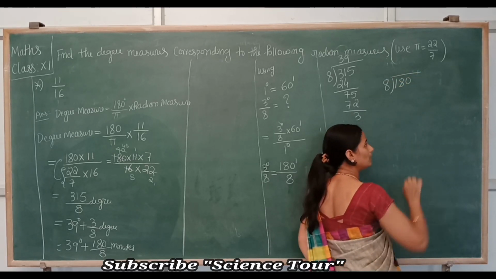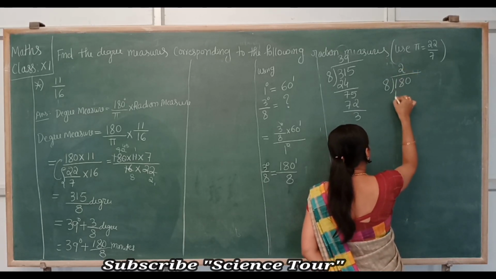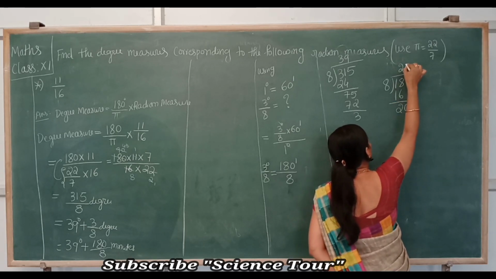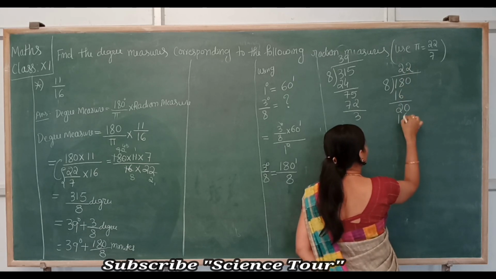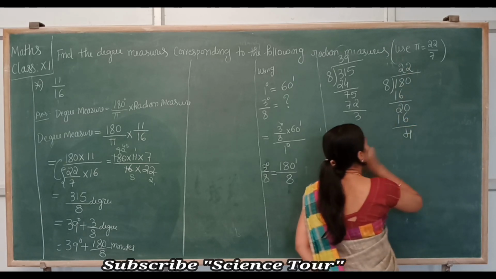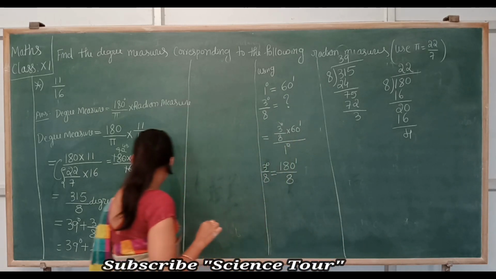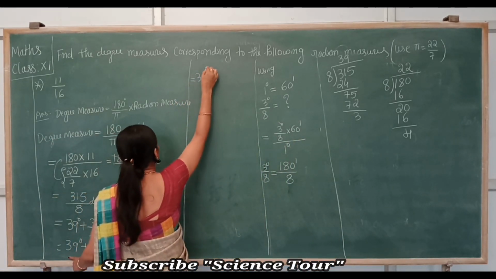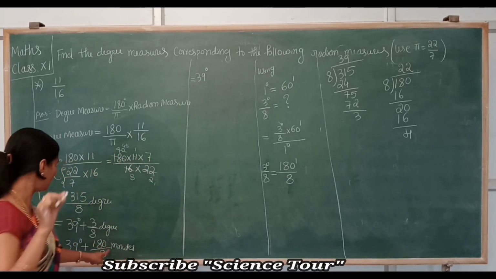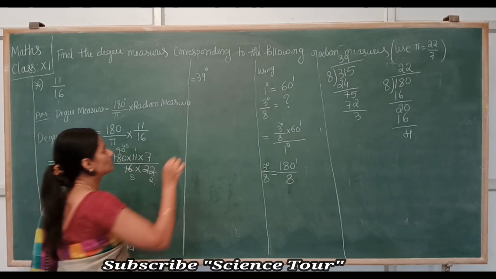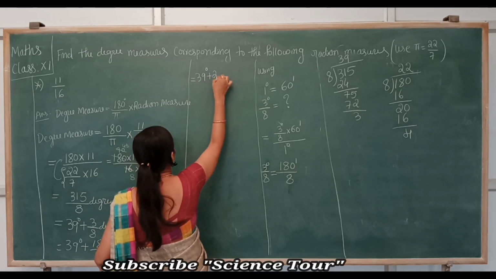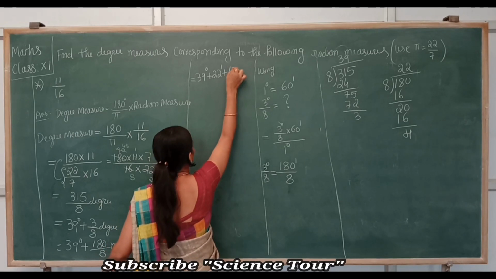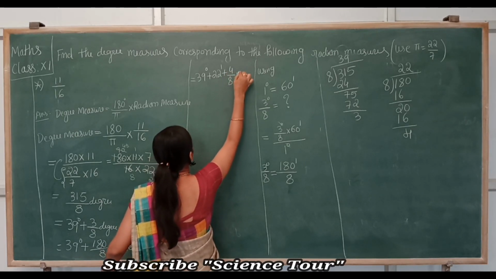180 divided by 8. So 8 twos are 16. So 20 remainder. 8 twos are 16, correct? So the remainder is 4. So how can we write this one? 39 degree plus 22 minutes plus the fraction, 4 divided by 8 minutes.